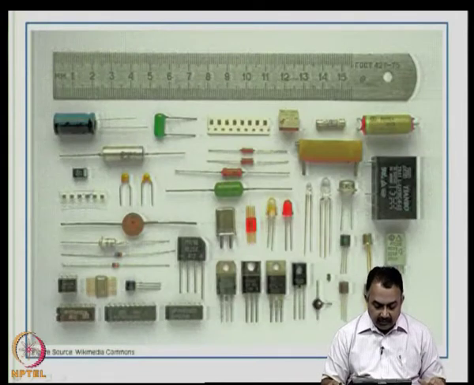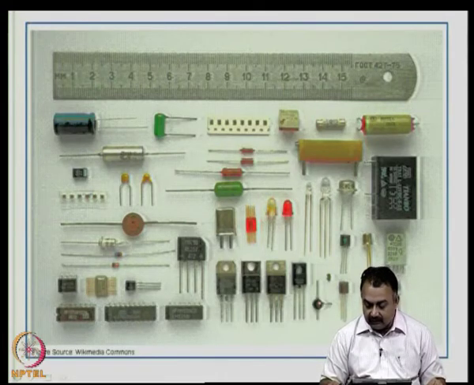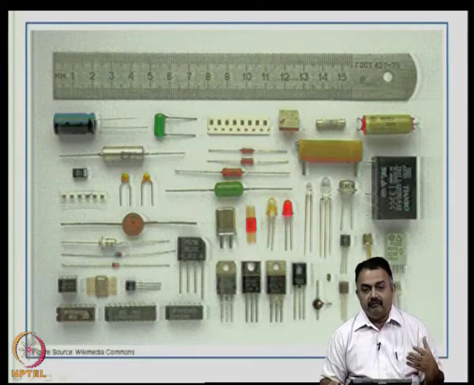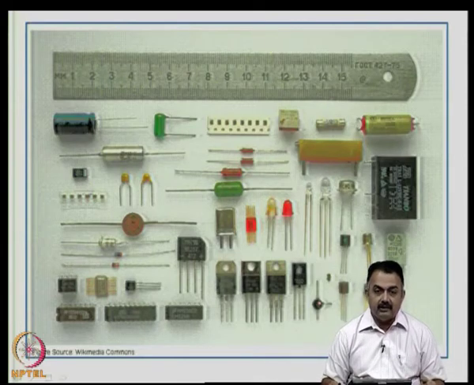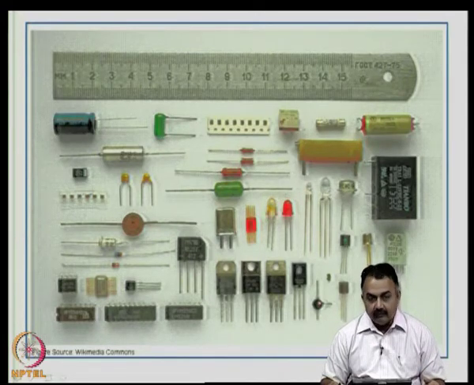Now, this is another picture showing you again a wide variety of capacitors, few transistors, few integral passive devices. You can see large capacitors, capacitors with different materials. You can have capacitors that are made up of, for example, barium titanate, some could be tantalum based and so on.